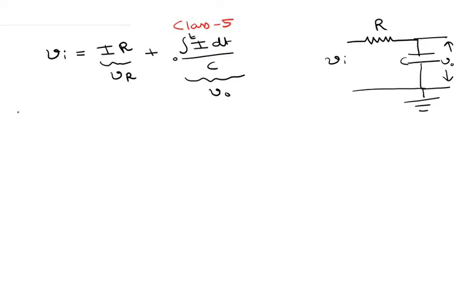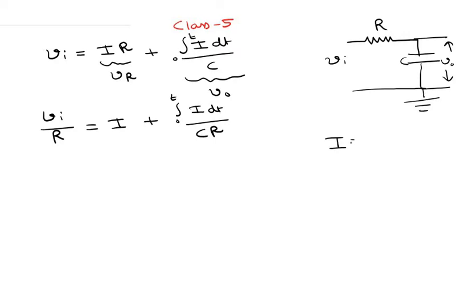Okay, now Vi divided by R is basically I plus integral I dt divided by CR. Now if the voltage waveform is sinusoidal, the current waveform must also be sinusoidal. So let us assume that this I has the form a e to the power j omega t.